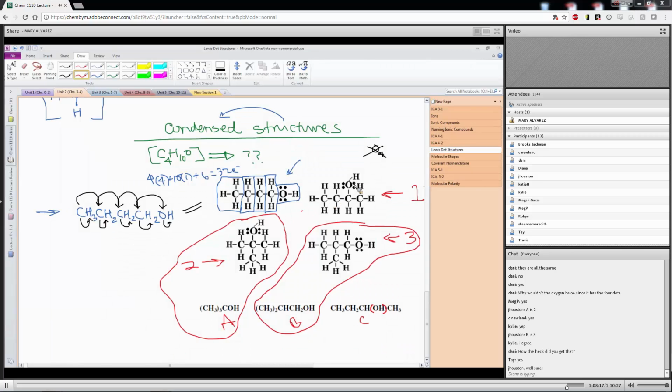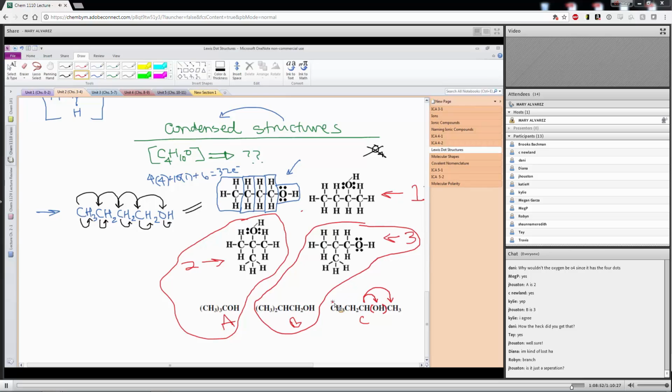Look here at number 1. That it's a branch. Perfect, Robin. It's saying that this carbon is attached to the OH, but that OH does not continue my long chain. It's just a branch off of it.